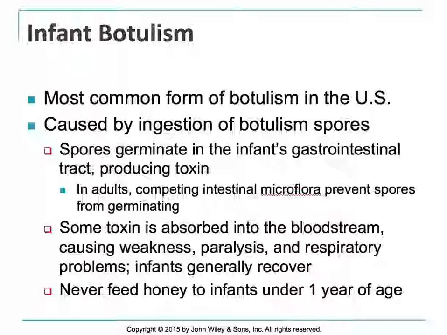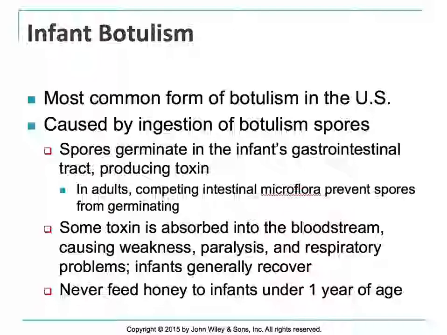In adults, because we have a more developed GI tract, we have the intestinal microflora, or bacteria, that actually prevents some of those botulism spores from germinating. Some toxin is absorbed into the bloodstream, causing weakness, paralysis, and respiratory problems, though we do see infant botulism.